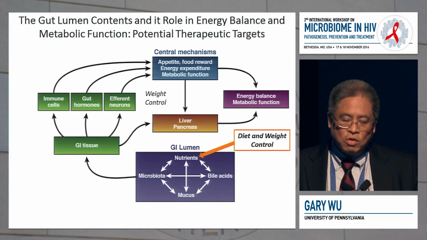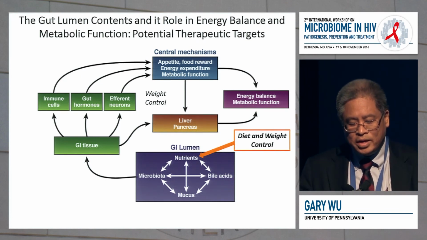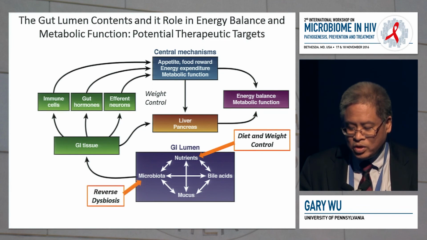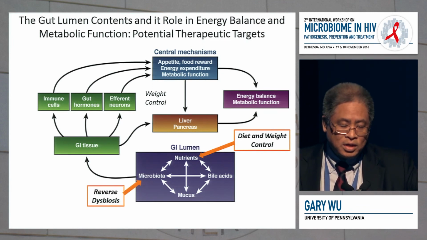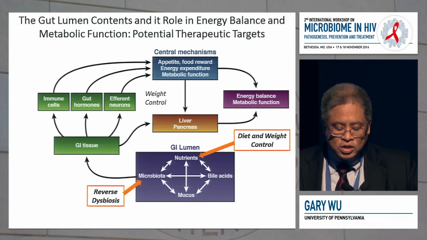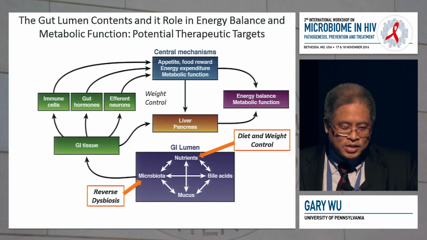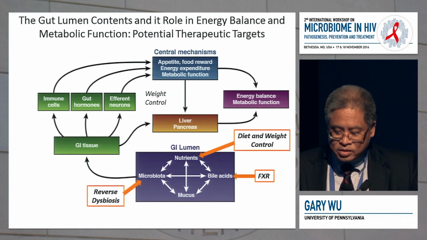Diet and weight control is important, and I gave you a notion that Prevotella abundance in the microbiota may be an important target. Reversing dysbiosis might be something that we would think about, and I gave you an early notion of how FMT could be a proof of concept that altering the microbiota may be important in metabolic syndrome.